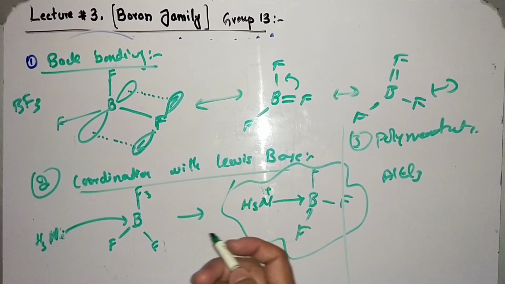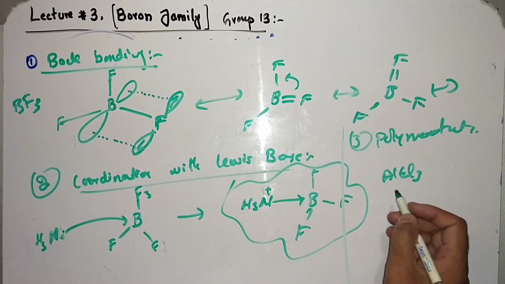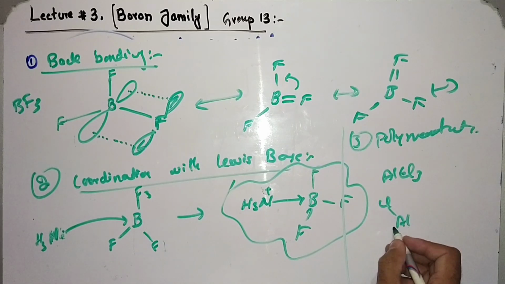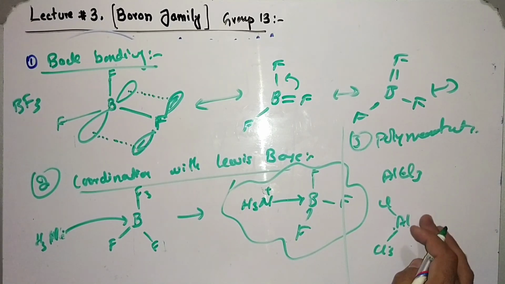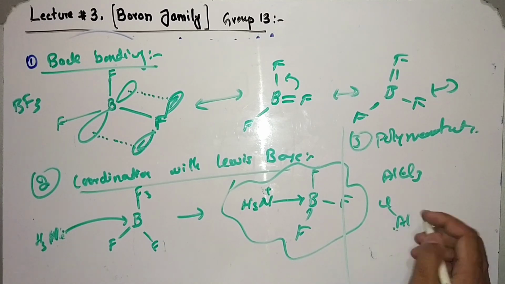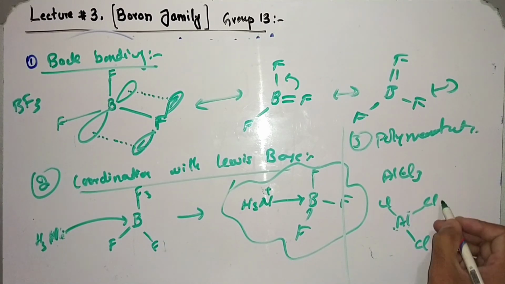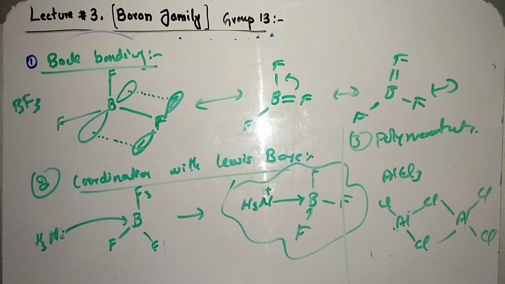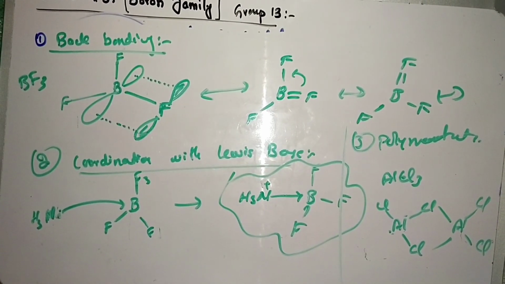For AlCl3 it is like this: Cl, Al, Cl, and that is Cl. So these are the polymerization. Due to this polymerization, it can remove its deficiency of electrons.